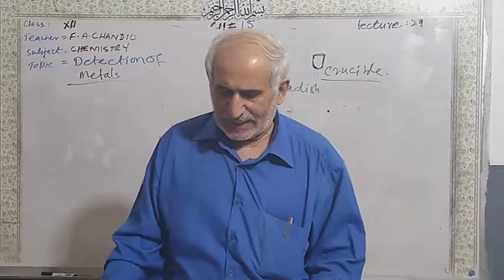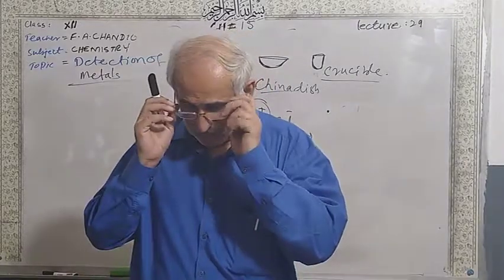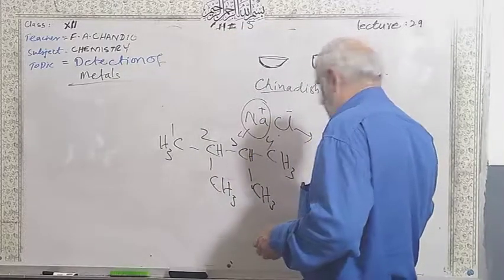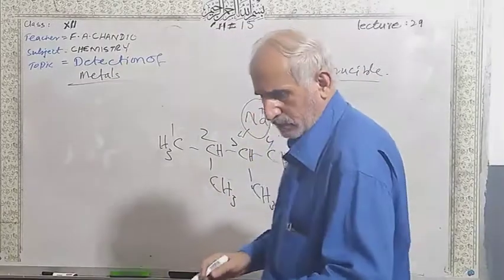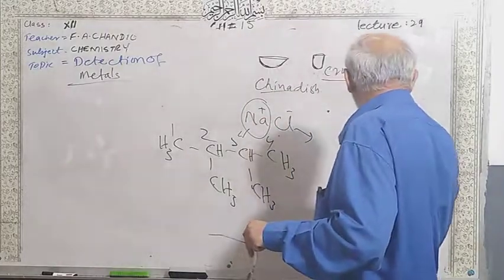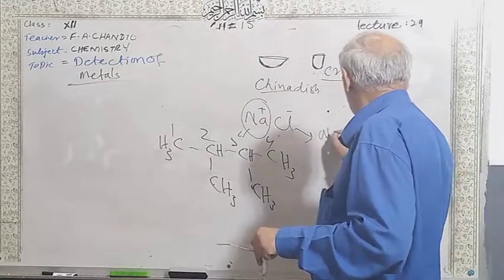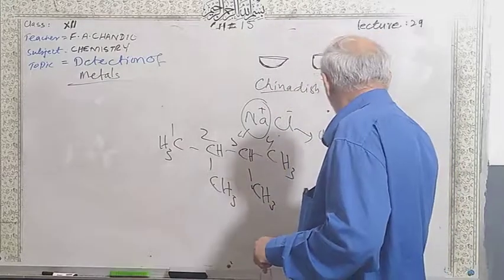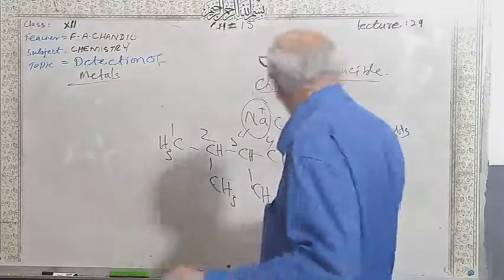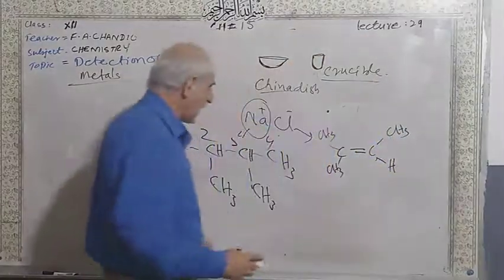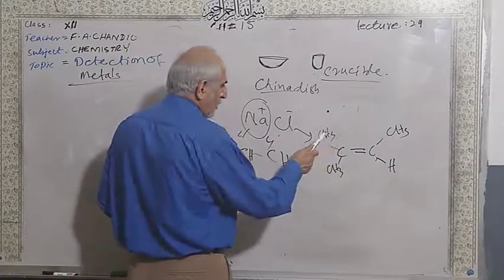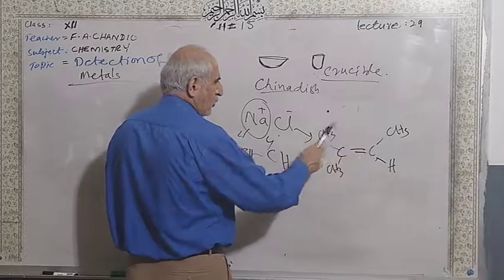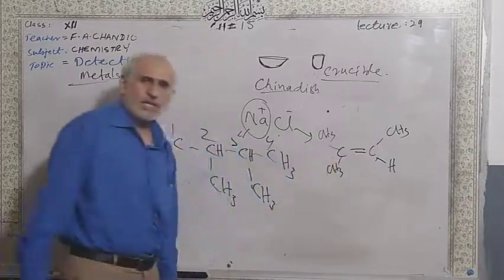And the second one is an alkene. Carbon, how many bonds? Double bond. Then hydrogen. So this is the alkene, and how do we give the name? 1, 2, 3, 4. The longest chain is 4.